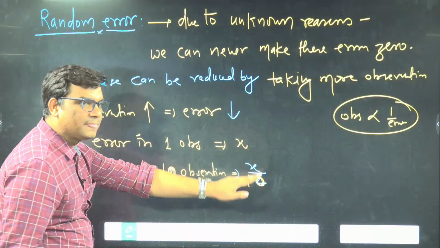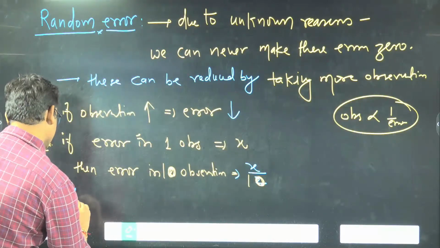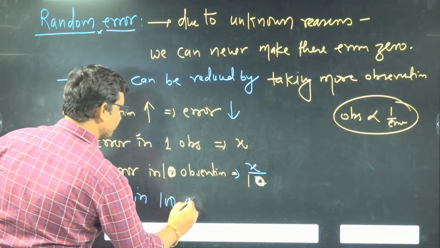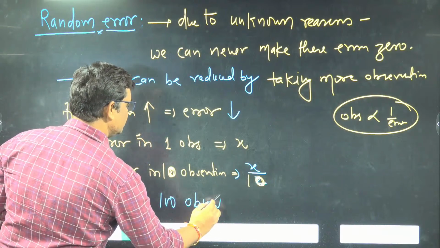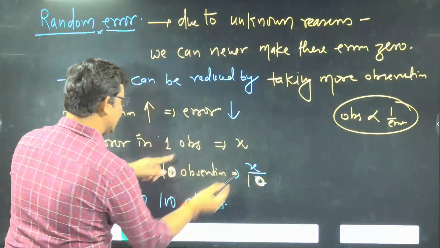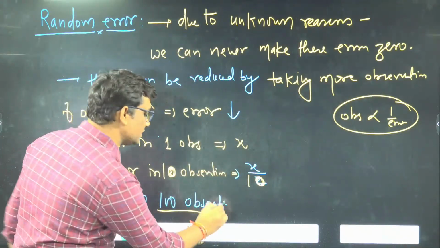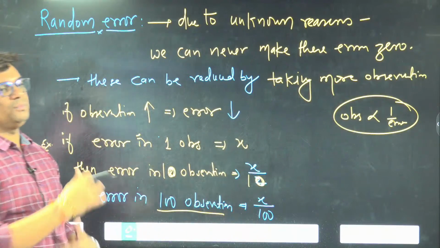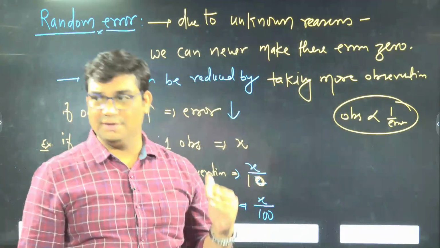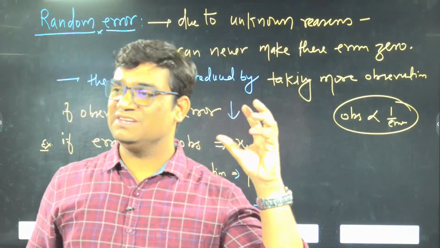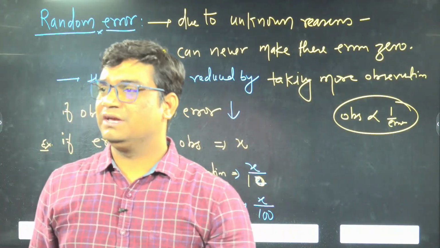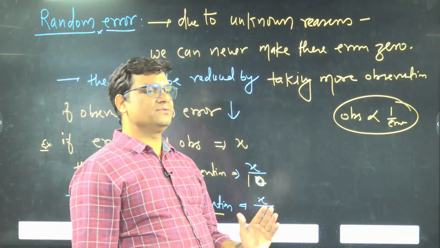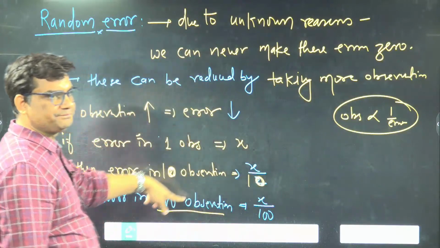If I say error in 100 observations, in one observation it is x, then 100 observations means 100 times, so error will become x by 100. More observations, error will be less. If in one observation error is x, if I take 5 observations, then error will be x by 5. I hope this is clear.